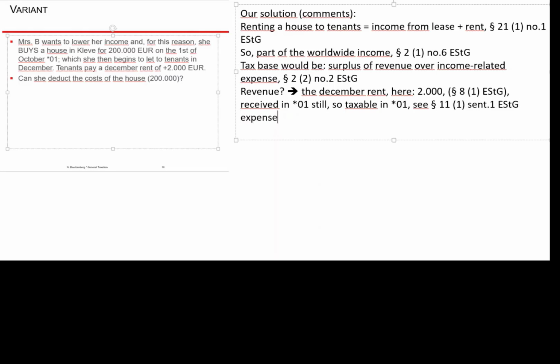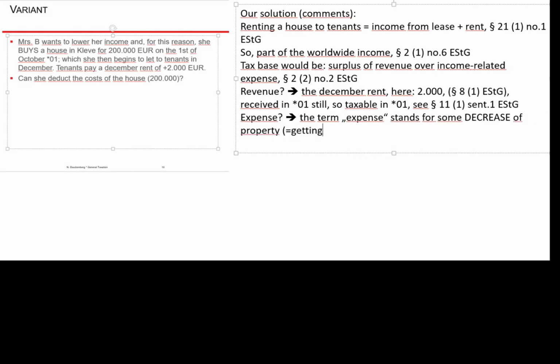And now let's think about expense. And now here's the trick. The term expense stands for some decrease of property, so getting poorer.